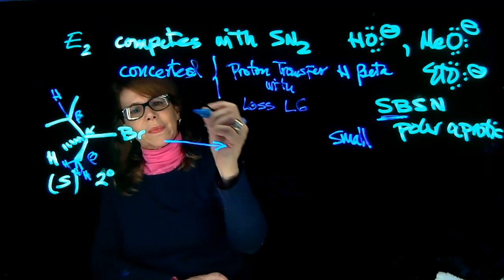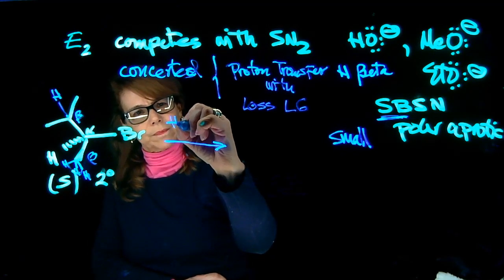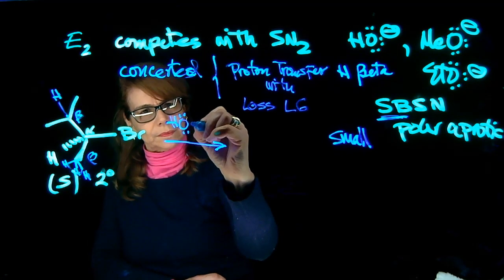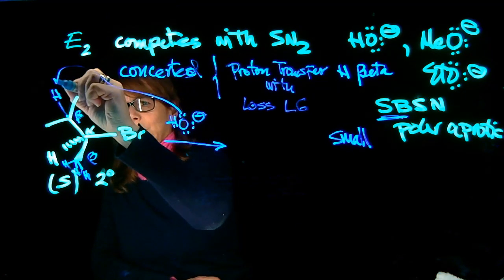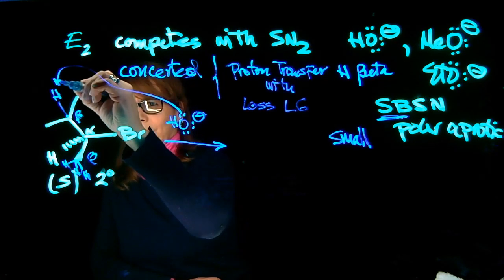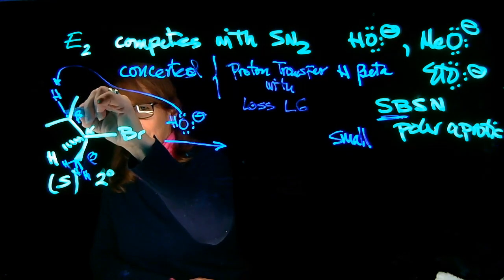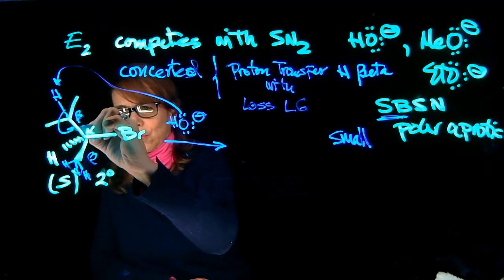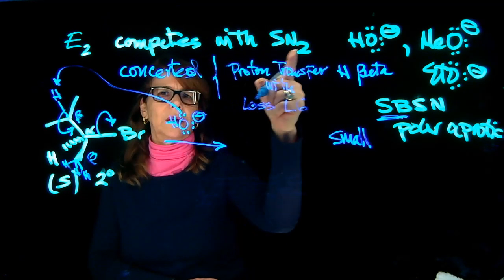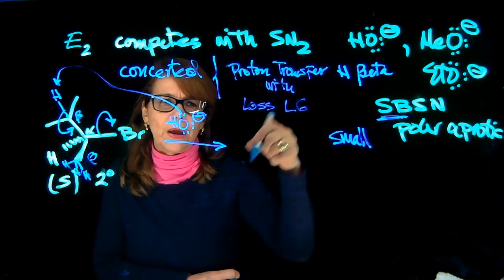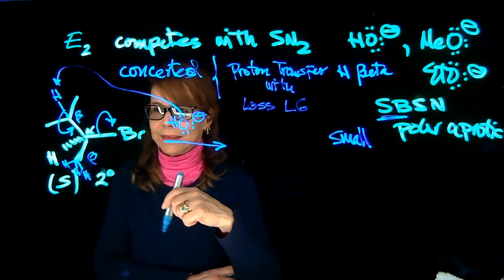So now, if we have, say, hydroxide, now we will have a proton transfer step, and concerted at the same time, you're making a double bond here. So again, proton transfer and loss of leaving group happening at the same time.